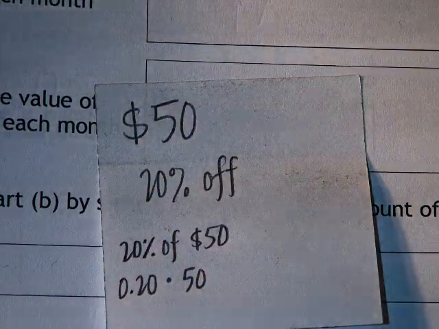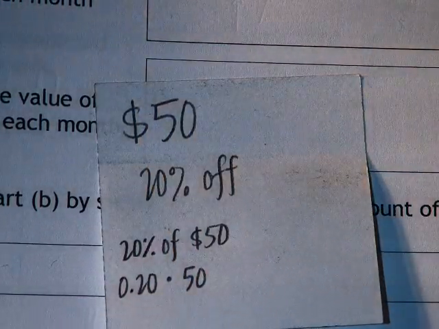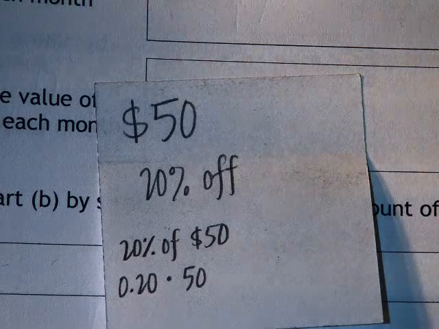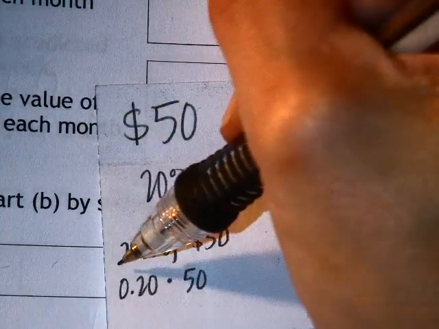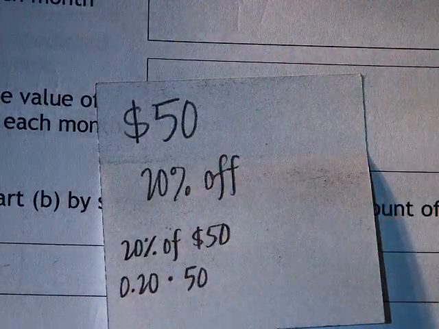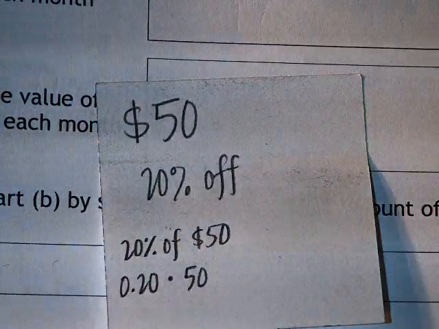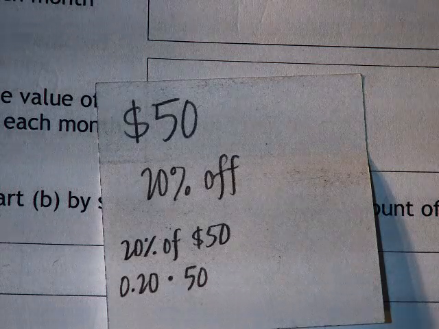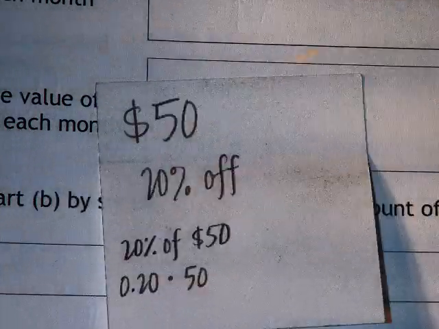So to find 20% of $50, we do 0.20, move the decimal 2 places to the left to convert it to a decimal. So 0.20 times 50. If you want to just use a calculator to do that, it's going to be 10.